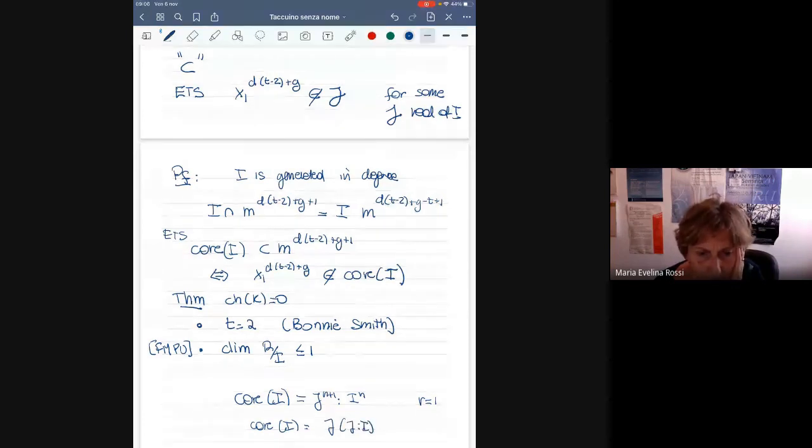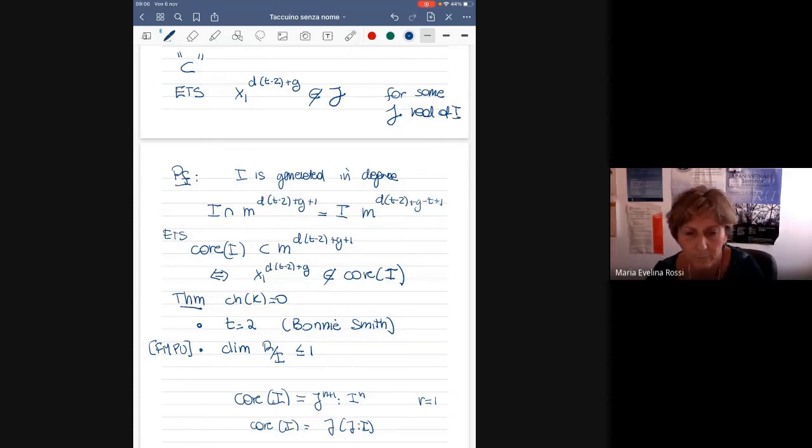However, if the reduction number is 2, this is not true in general, but for the monomial case, she could prove that when the core is the adjoint, you just have to check some other minor condition. I think the core has to be obviously integrally closed, but you don't need anymore this thing to have a monomial reduction.